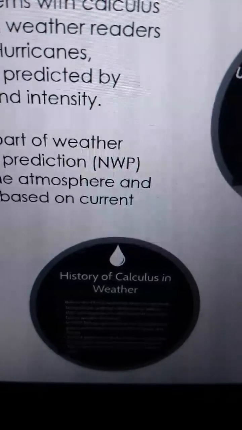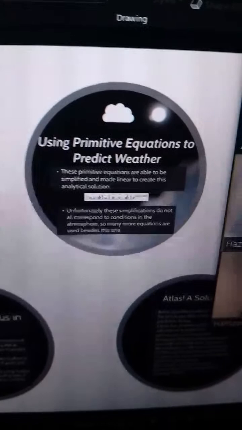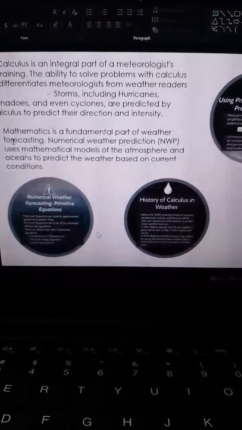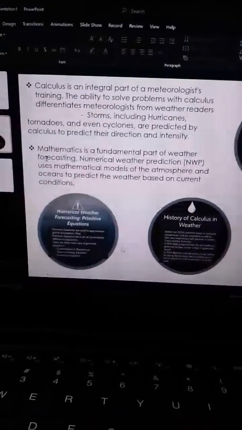The ability to solve problems with calculus differentiates meteorologists from weather readers. They use calculus to predict the direction and intensity of storms, hurricanes, tornadoes, and even cyclones.